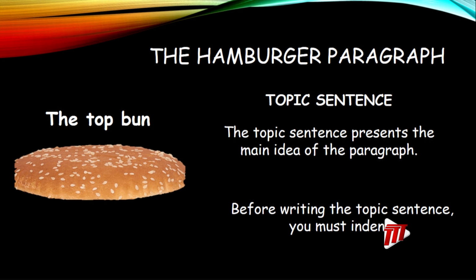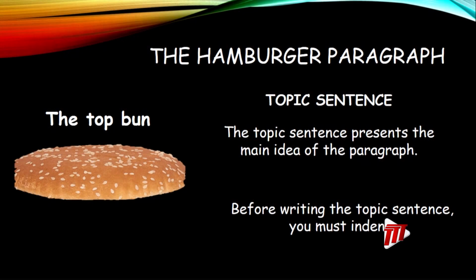So let's take the top bun, and the top bun represents the main idea of the paragraph. Now you may ask yourself, what is the main idea? The main idea simply is what this paragraph is going to be about. What exactly you are writing about.